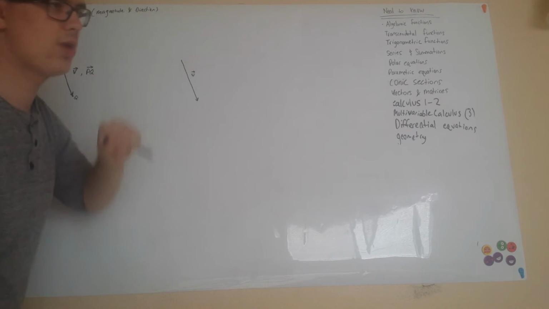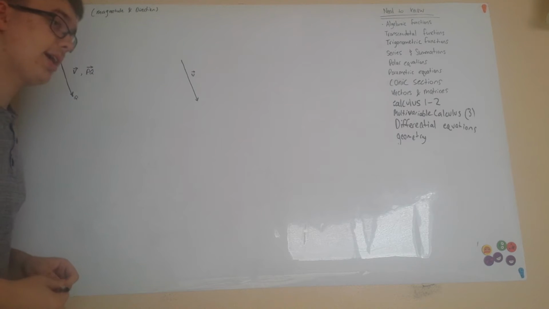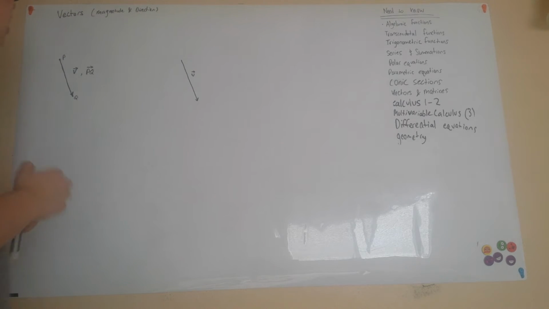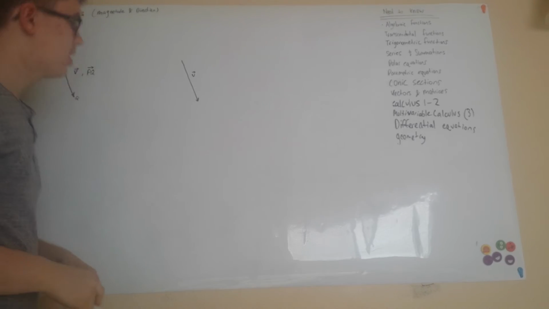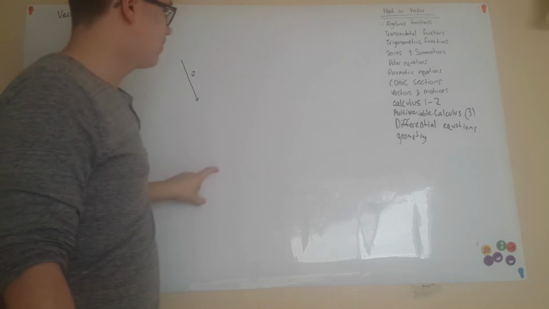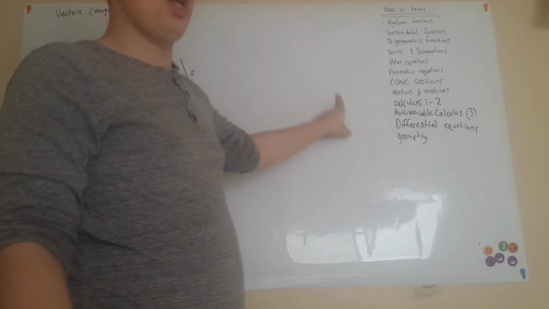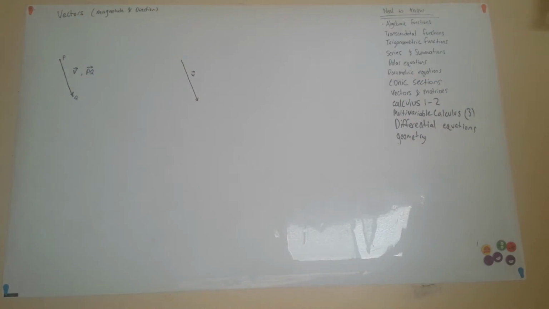It was just translated over. It is the same exact vector. Translating a vector doesn't change it. It's the same vector no matter where it is. That's very important to understand.